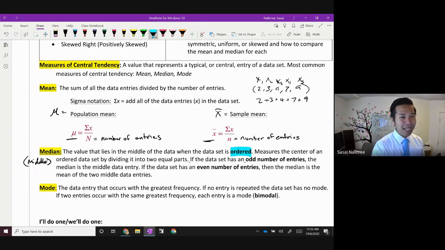Whereas if you're looking for the mode, you're looking for the number that shows up the most, right? So the mode is the one that shows up the most, whereas the median is the number that shows up in the middle. I guarantee you will not be able to unhear my voice saying the word median and the word middle anymore.